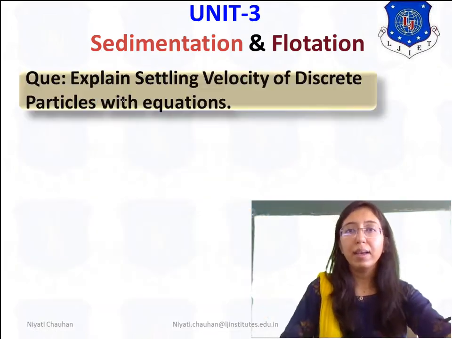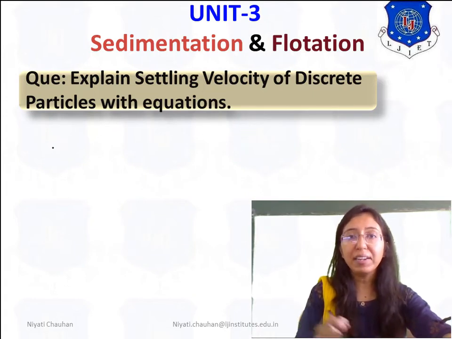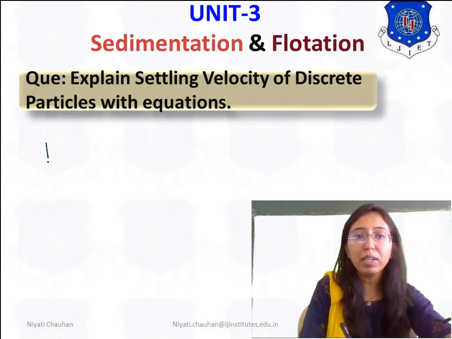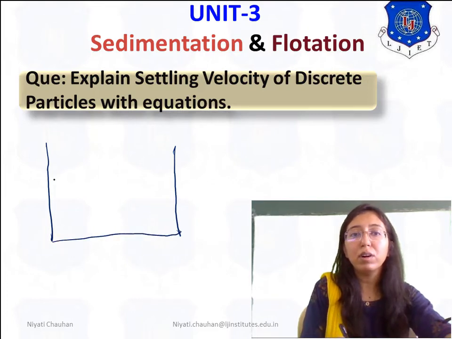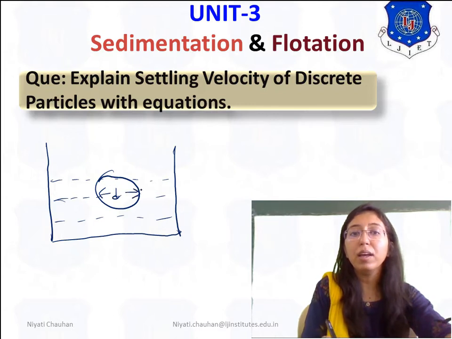Next question: explain settling velocity of discrete particles with equation. In this question, I derive the equation of settling velocity. Here one object is moving inside a fluid. This object has diameter d.